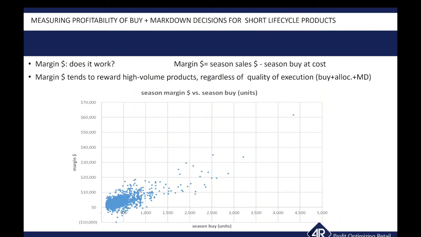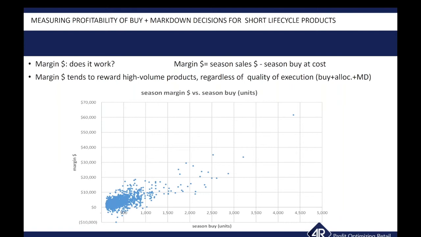Now, there is a lot of noise, and all the dispersion in the data represents different parameters: how overbought the item was, markdown strategy, initial markup, and so forth. By the way, here on the horizontal axis, we don't have the buy index.